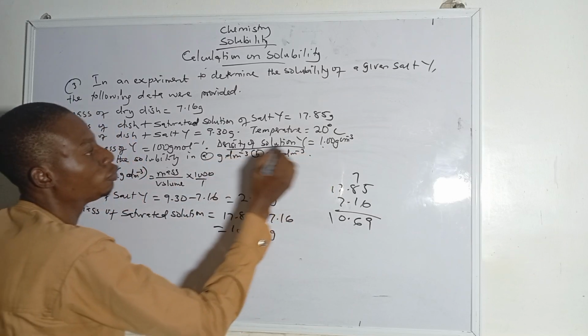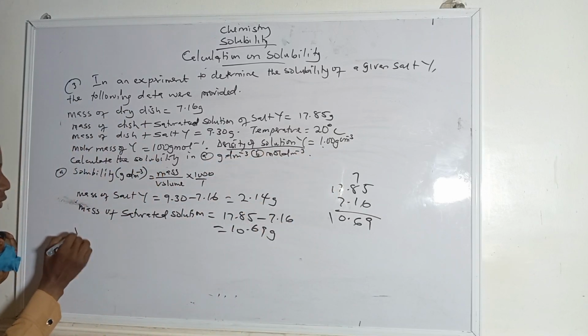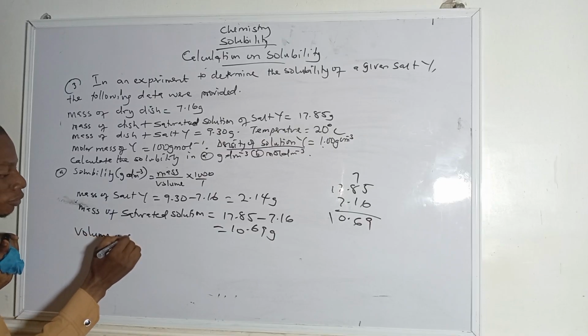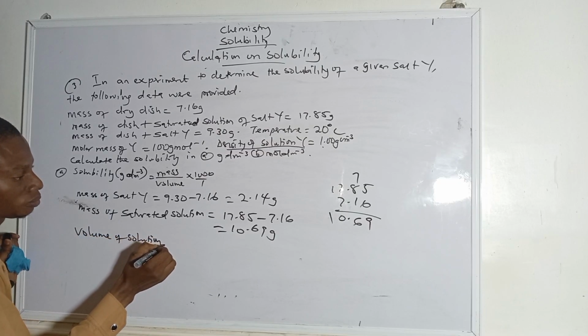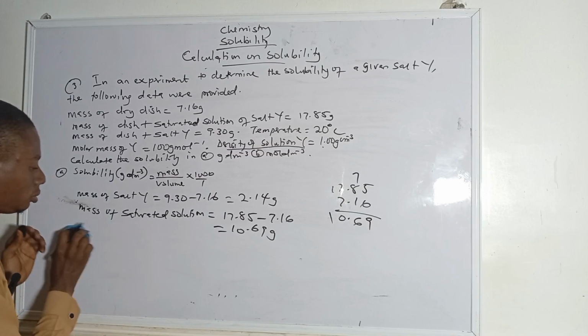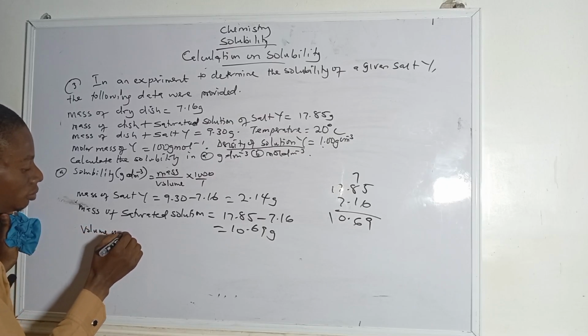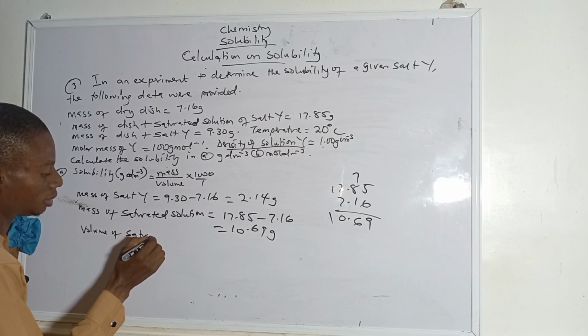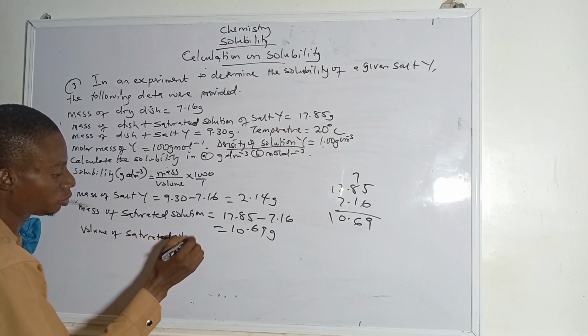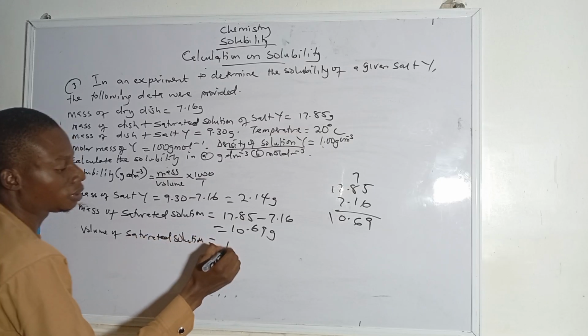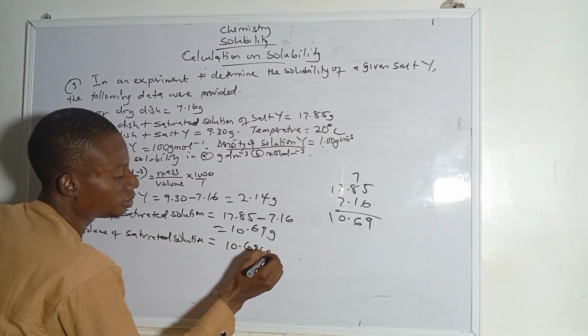Since the density of the solution is 1, the volume of saturated solution is equal to 10.69 centimeter cube.